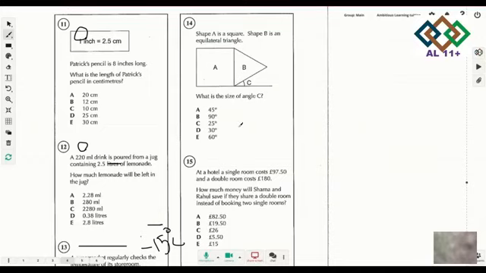Because they're saying shape A is a square, B is an equilateral triangle. And in the equilateral triangle, all the sides are equal, so all the angles are equal too.